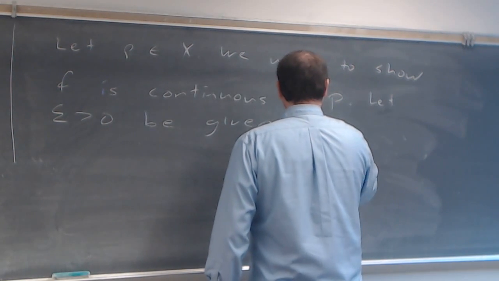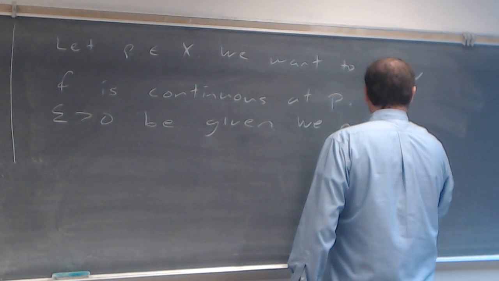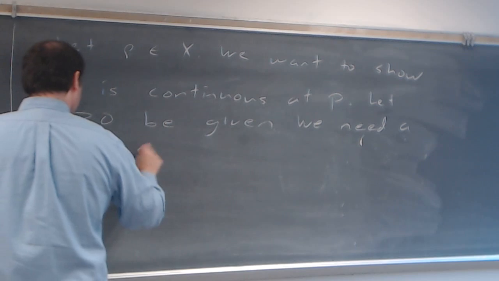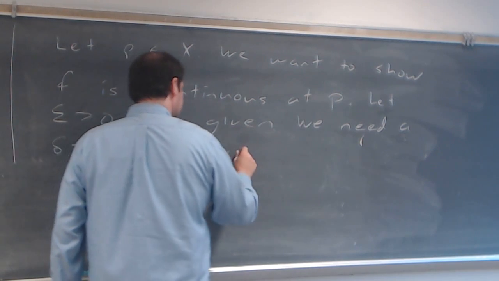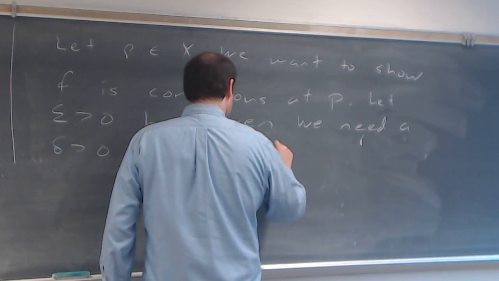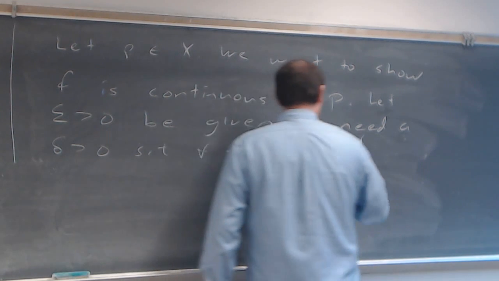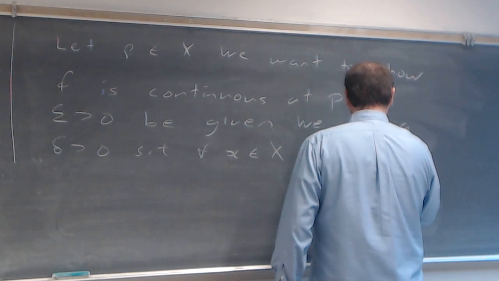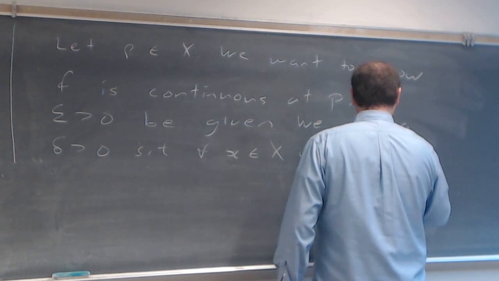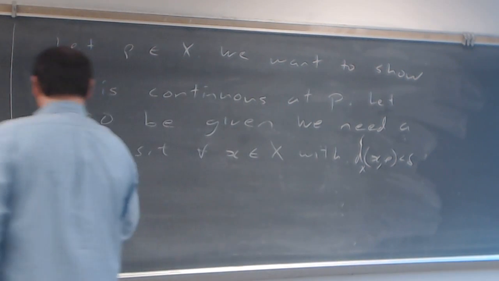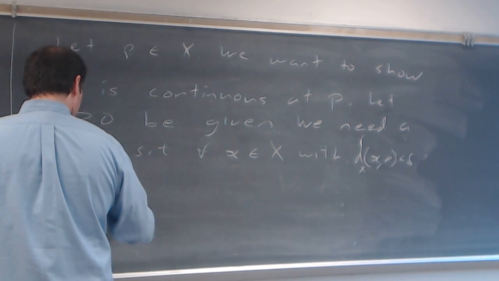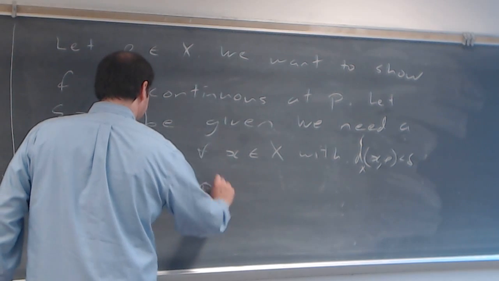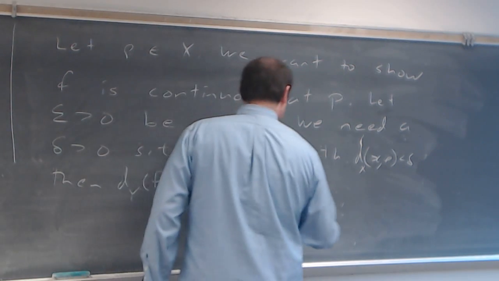And we need a delta bigger than 0, such that for all little x in big X with the distance in X between x and p less than delta, that forces the distance in Y between f of x and f of p to be less than epsilon.